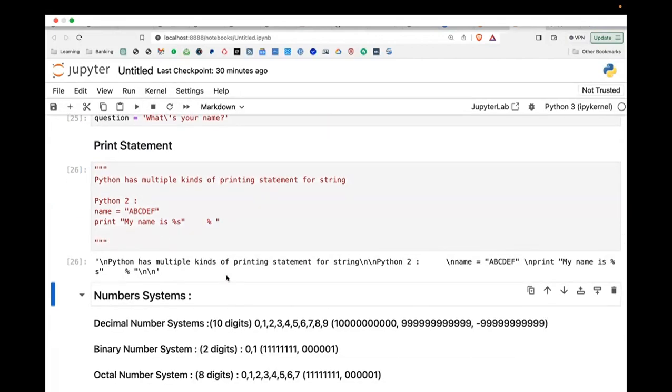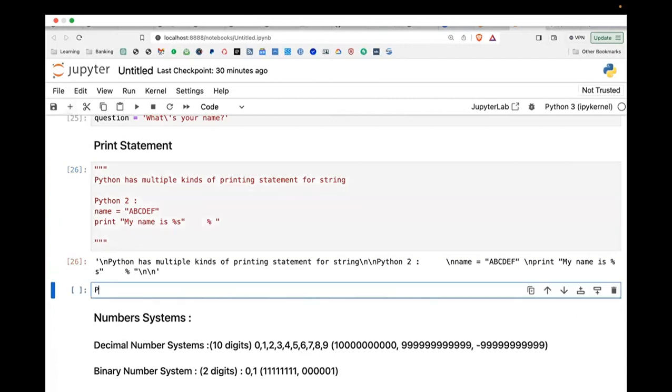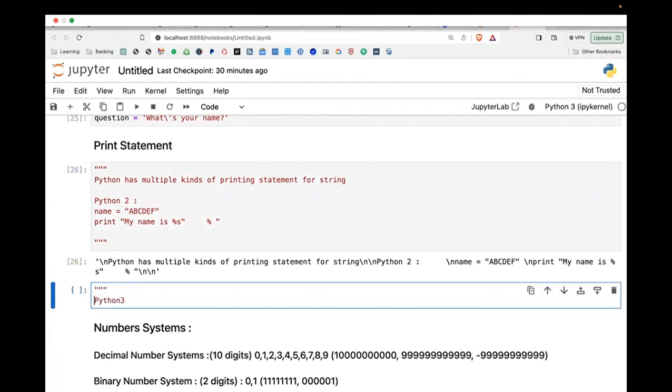What I wanted to show you is what exactly happened in the later versions of Python 3. What things actually changed? Before Python 3.6, I will write it here.